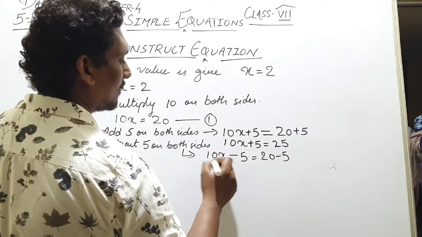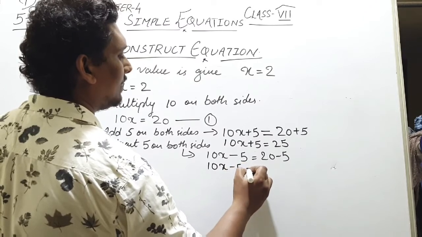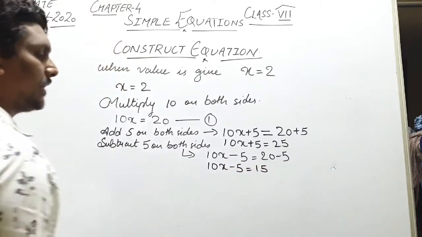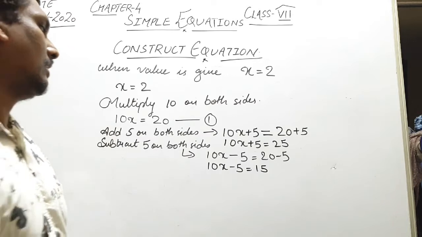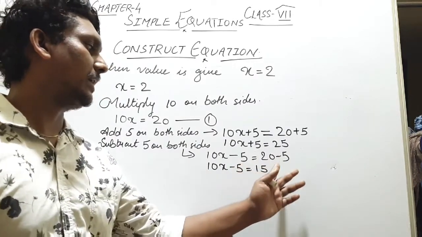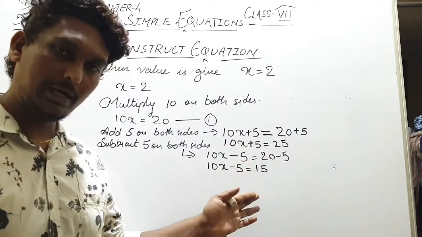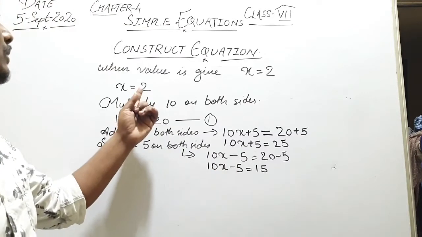So the equation will be like this: 10x minus 5 is equal to 15. When you shift this minus 5 here, it will become plus. So 15 plus 5 is 20. So you will get the value 2.